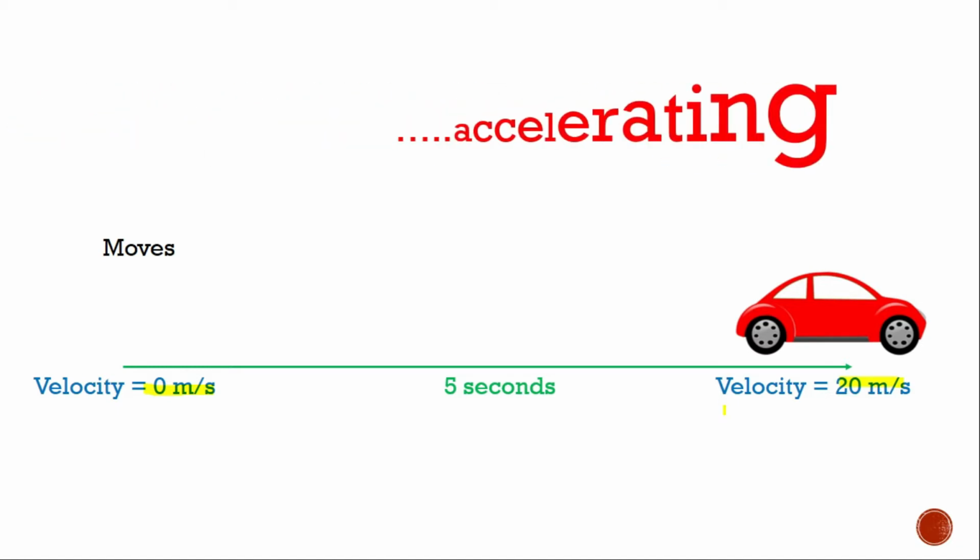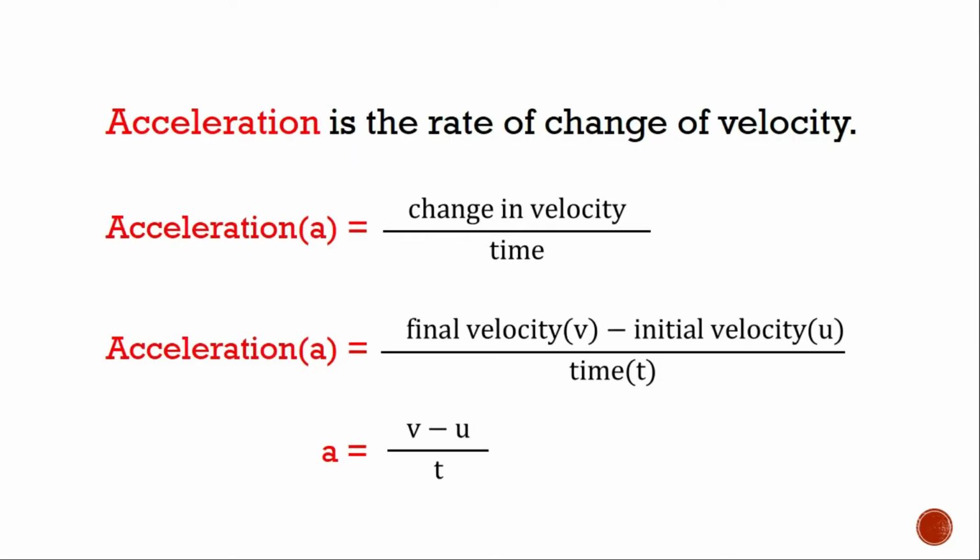And in order to measure this acceleration, we need to see the definition of acceleration first, which says that acceleration is the rate of change of velocity, which can also be written as change in velocity per unit time. And this change in velocity is basically the difference between the initial and the final velocity.